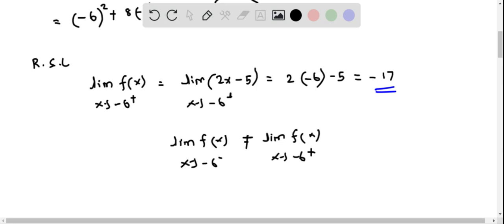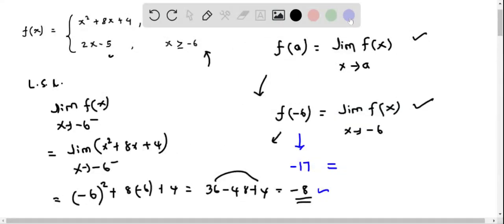So this means the limit does not exist. So we can replace it here: the limit does not exist.